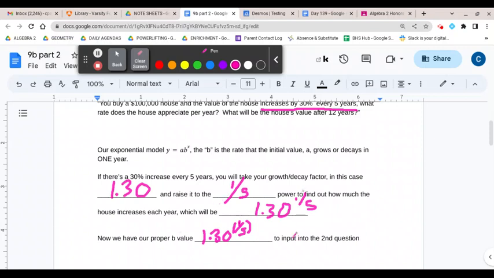All right, so that's our B value, 1.30 to the 1/5 power. Again, don't calculate it because our answers are going to be a little bit off, and I can maybe show you that later if we need to.